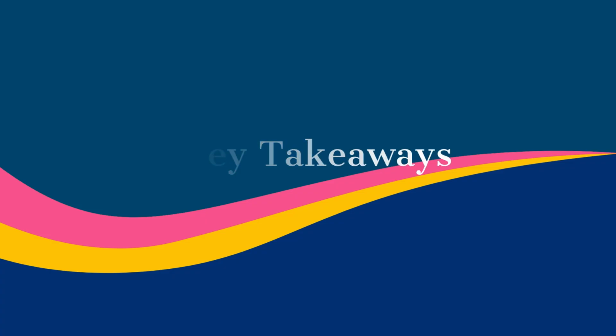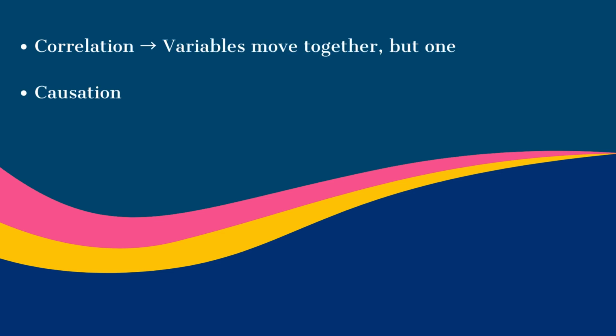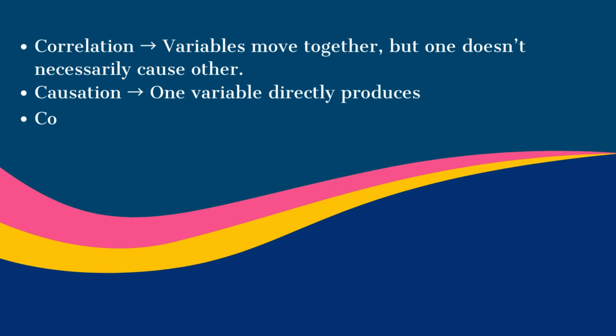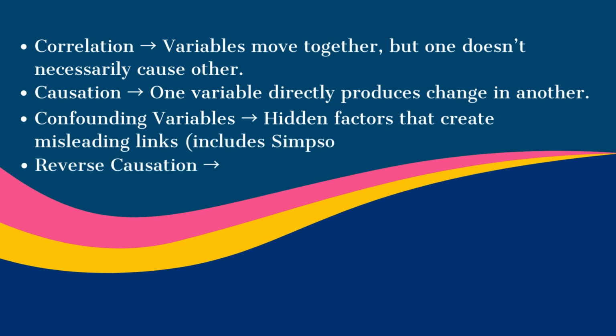To recap our journey, correlation is simply a relationship where variables move together. Causation means one variable directly produces change in another. Confounding variables, including Simpson's paradox, are hidden factors that can create spurious or misleading correlations. Reverse causation is when we misunderstand the direction of influence.